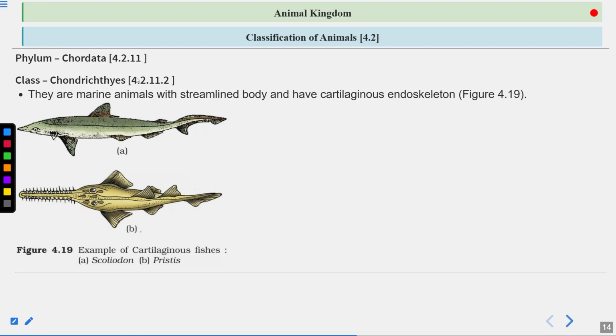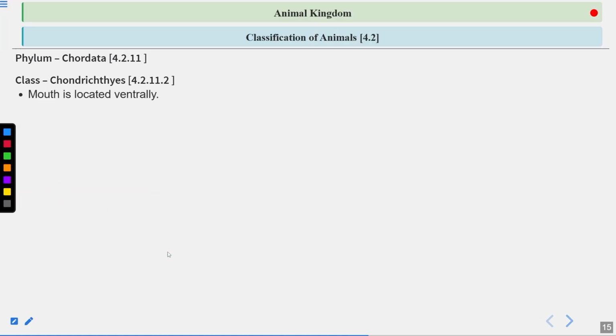And here you can see examples of cartilaginous fishes. The first one is the Scoliodon fish, and Pristis. See, very dangerous, this Pristis. These are examples of cartilaginous fishes. Mouth is located ventrally.